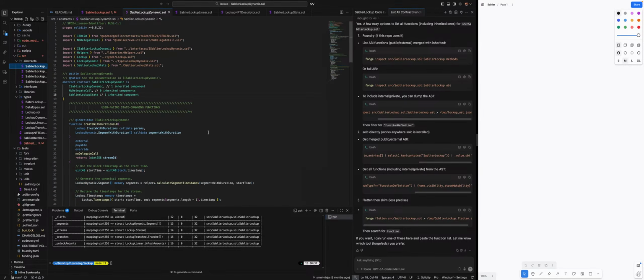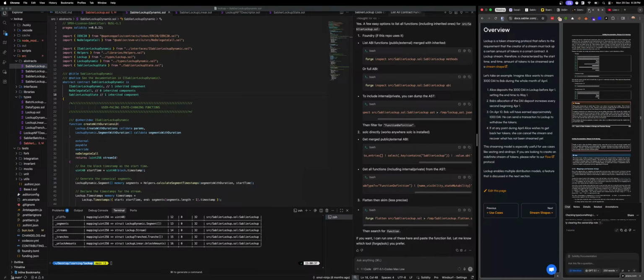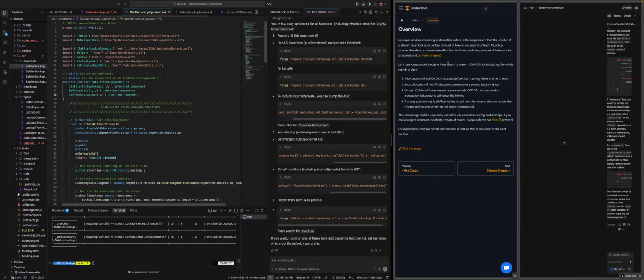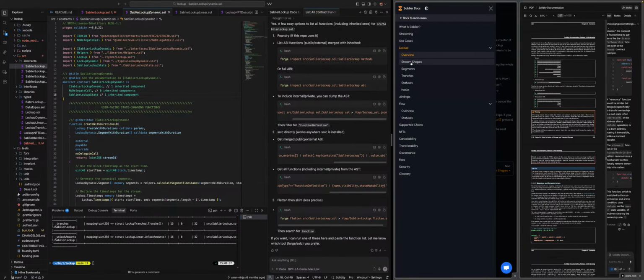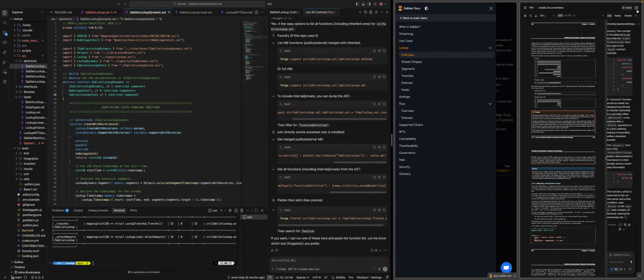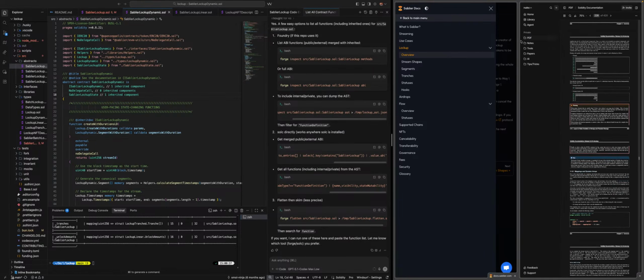the abstract contracts. So before we dive in, this is dynamic, right? So Sablier dynamic, just have where stream shapes. Let me just quickly fetch this one.